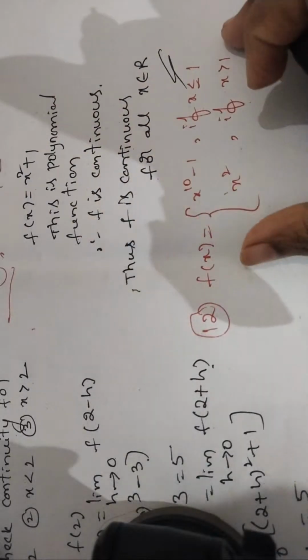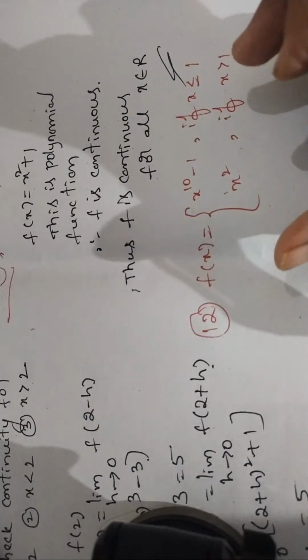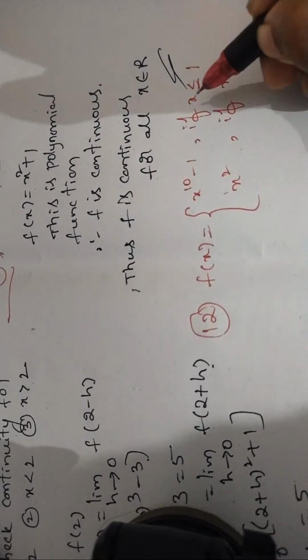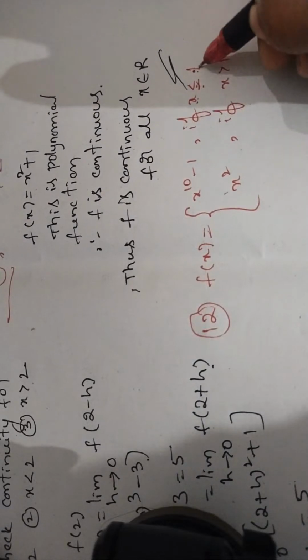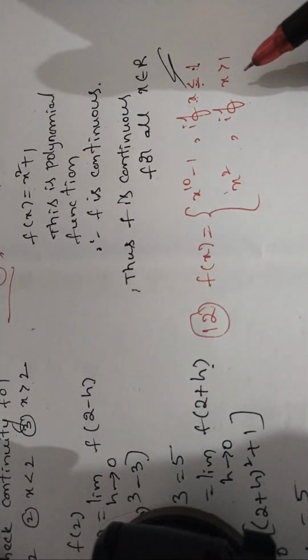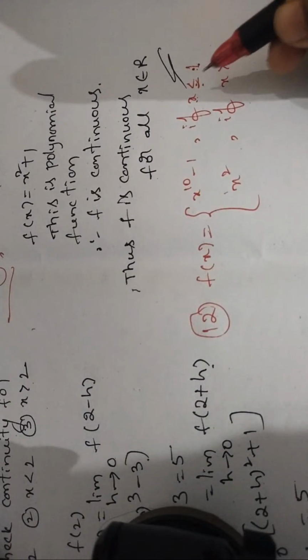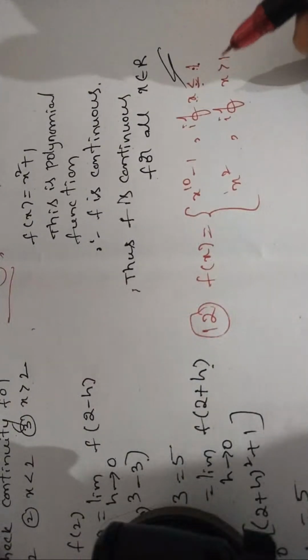So for this function, we will check continuity for different values of x. What are the different values they gave here? One is x equal to 1, one case; x less than 1, another case; and x greater than 1, one more case. So here we have 3 different cases. For these 3 different cases, we will check continuity.